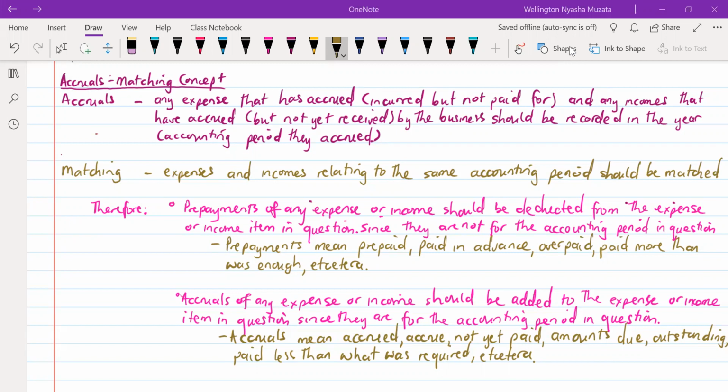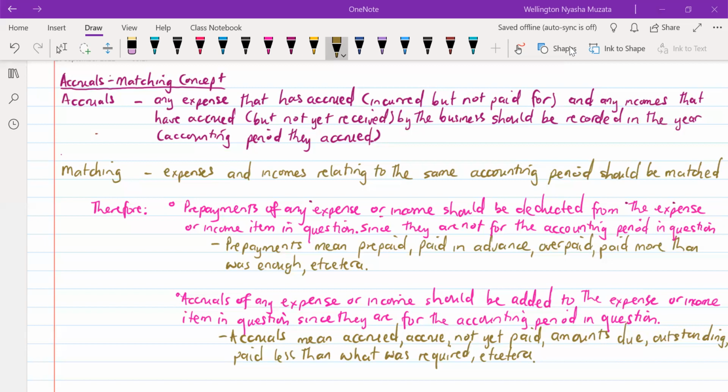Therefore, prepayments of any expense or income should be deducted from the expense or income item in question, since they are not for the accounting period in question. Prepayments mean prepaid, paid in advance, overpaid, paid more than was enough, etc. Accruals of any expense or income should be added to the expense or income item in question, since they are for the accounting period in question.